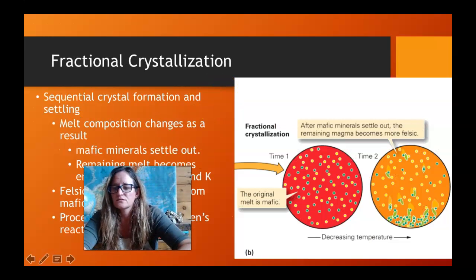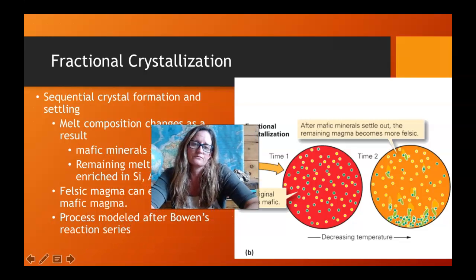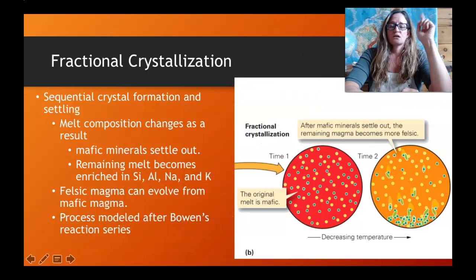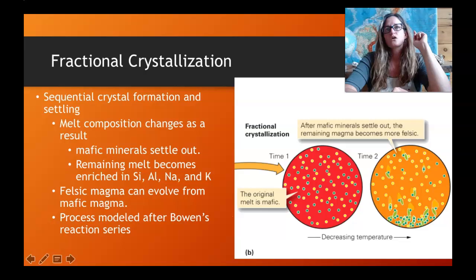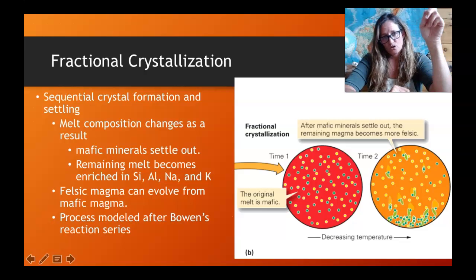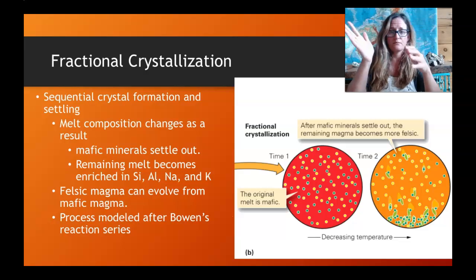Okay, the last one. This is fractional crystallization. So just as different minerals have different melting temperatures, right? If we start melting or heating up a rock, part of it might melt.